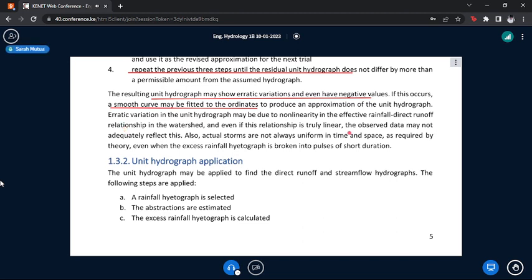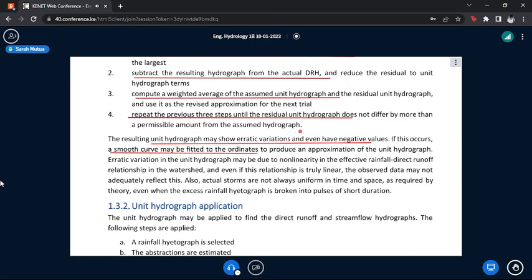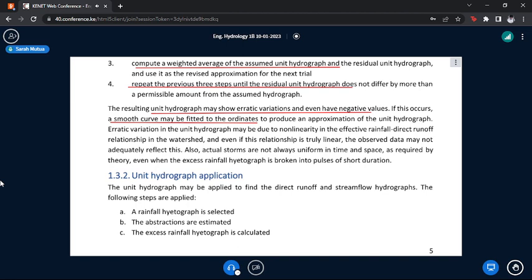Some of the explanation for this erratic behavior is due to non-linearity in the effective rainfall direct runoff relationship in the watershed, and also the observed data. Secondly, the observed data may not adequately reflect this.